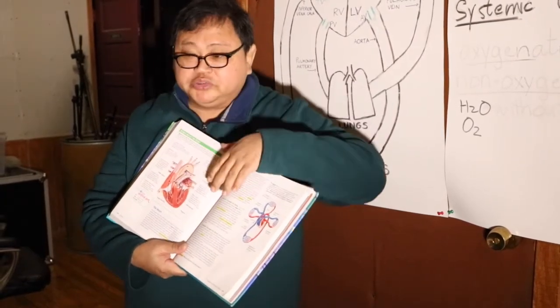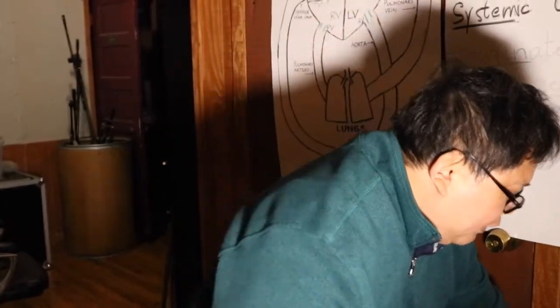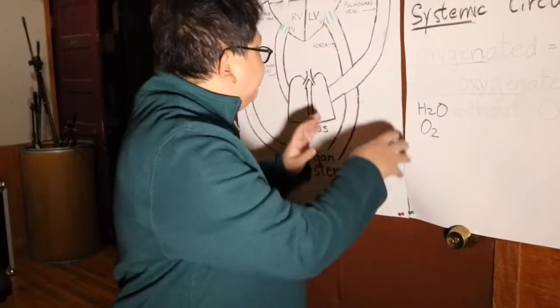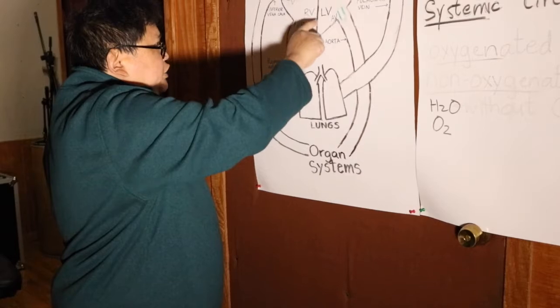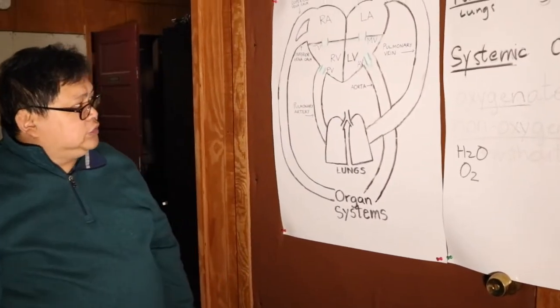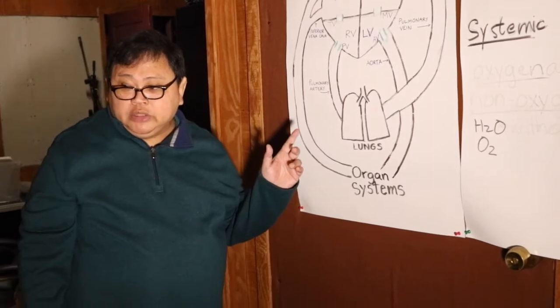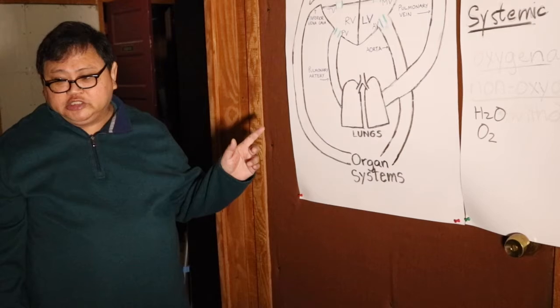It's really very confusing. What I did is that I tried to simplify it so that you can understand better. I tried to simplify the major blood vessels, and I made the heart like a Valentine's heart, so that it will be easier to understand. And I'm telling you, it's really easy to understand. It's not really that confusing.